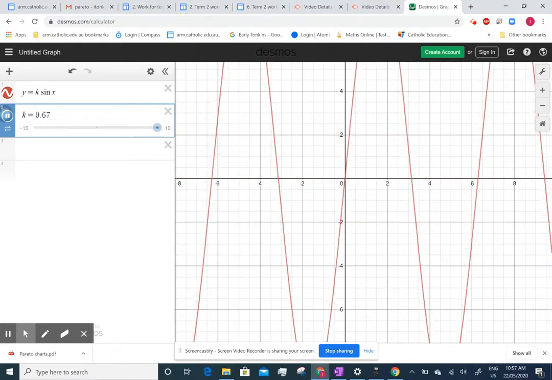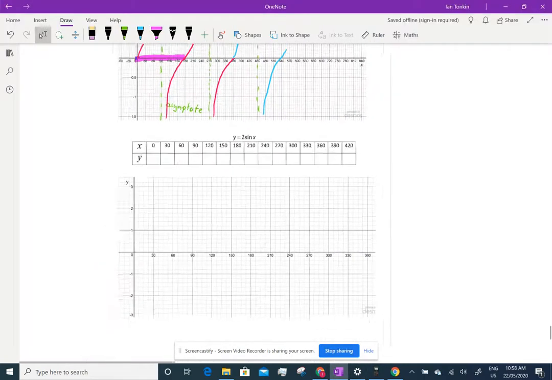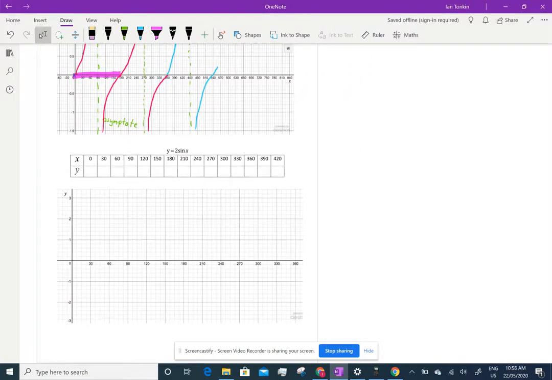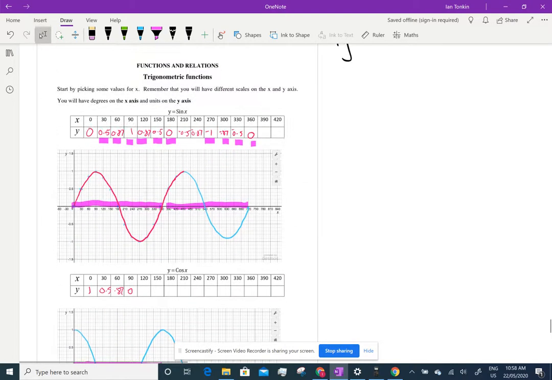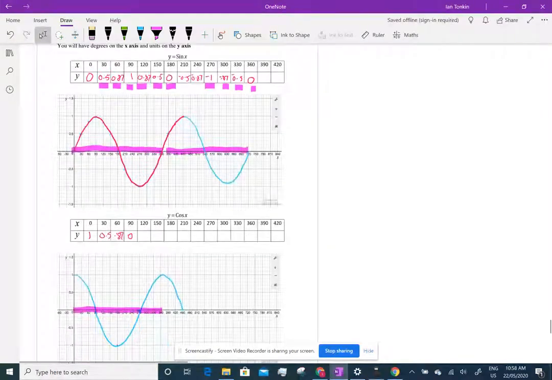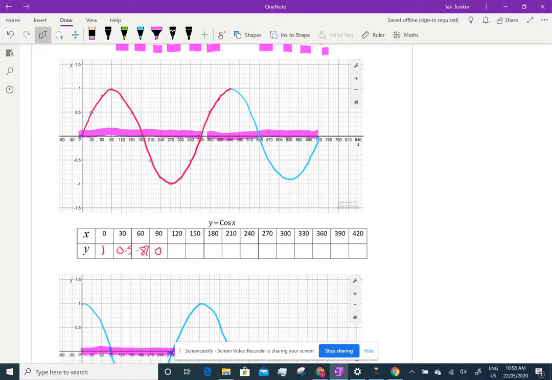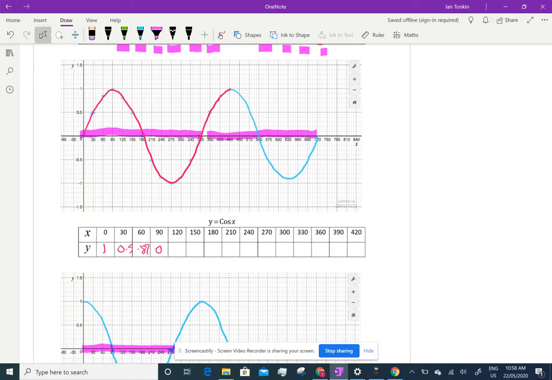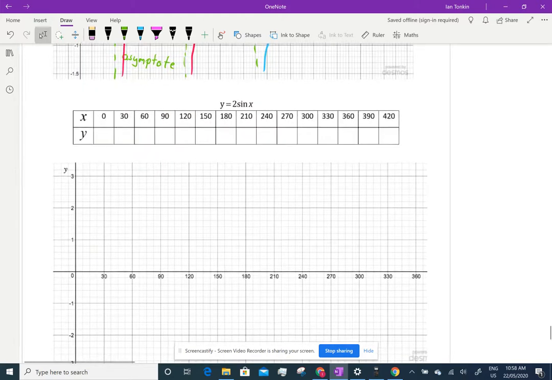So that K does something to the sine curve. And this is what it does. It takes it up to 2. So it's going to be the same curve as this one, but it's going to go up to 2. Now, what were my points? 0, 180, 360. So we only want to draw it 0 to 360, and it's going to go up and down to 2.